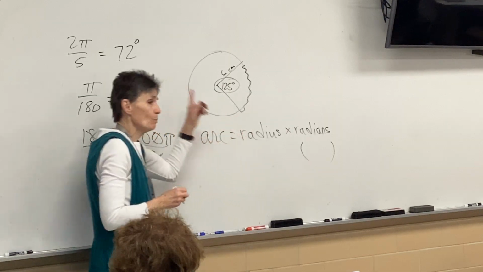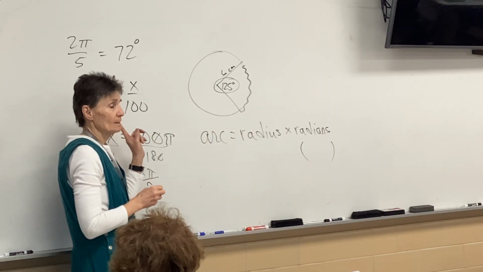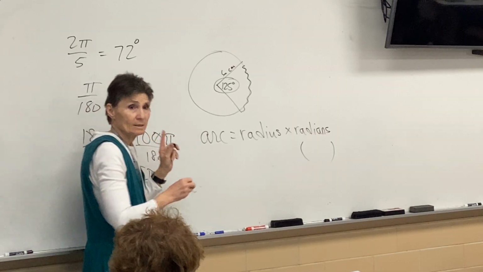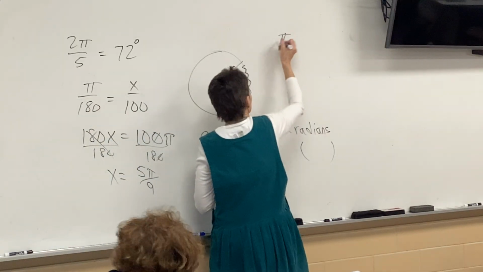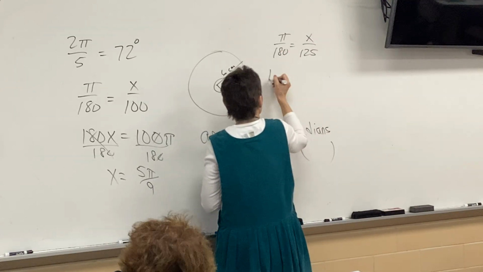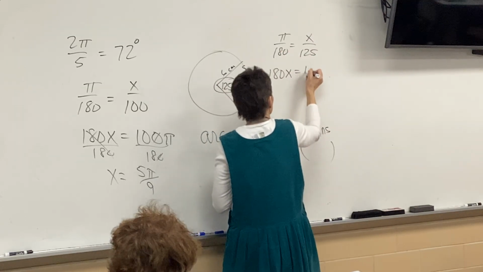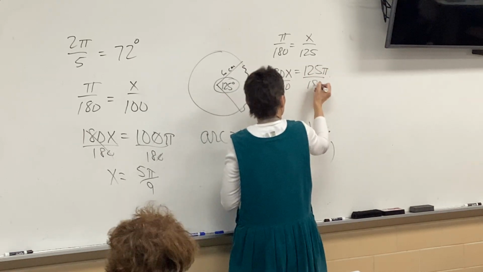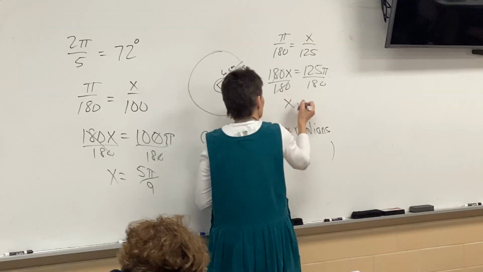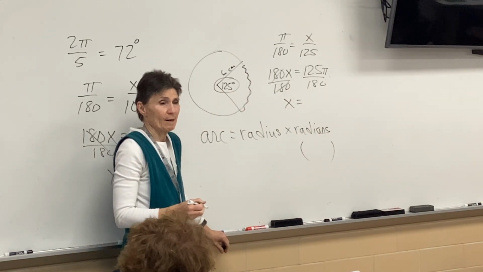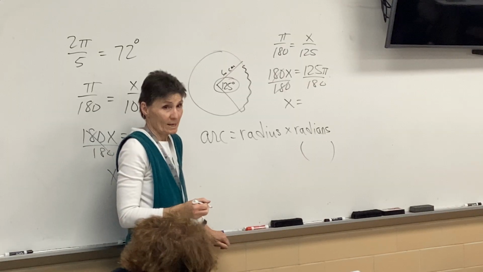So we will do what we just did and change that angle into radians. So pi over 180, something over 125. Okay, now don't cancel any zeros out this time. Can't do that, right?